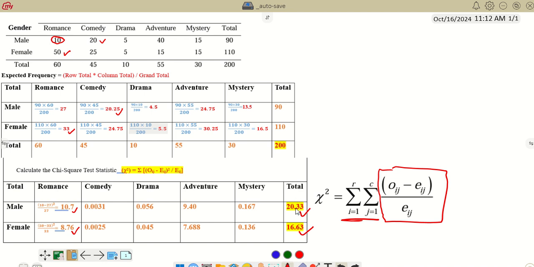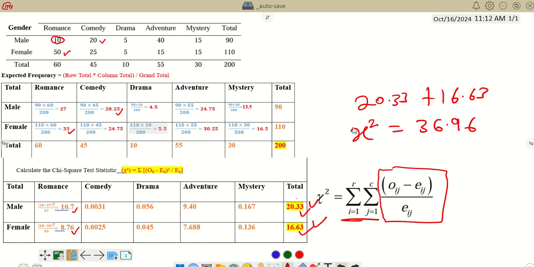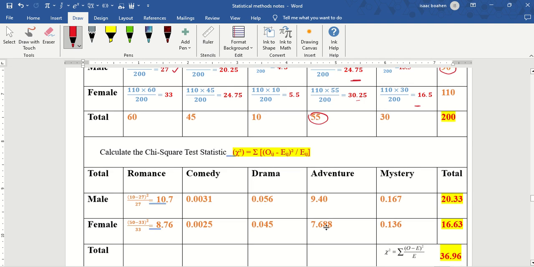So you sum this. The column becomes this and this. So you add these two, and that is the sum of the column. This plus this. So when I add 20.33 to 16.63, then what will I get? I will be getting my chi-squared value to be 36.96. So that is how to calculate the chi-square value. So I have it here.